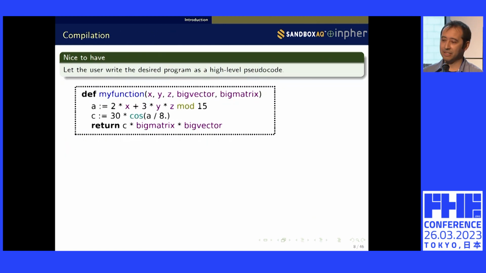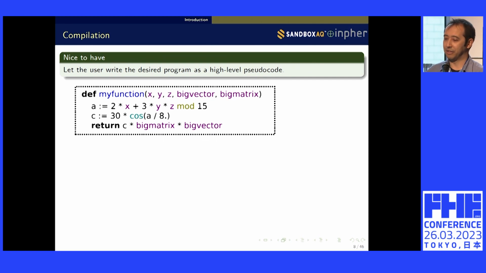So now let's take the high-end user perspective. We are researchers in FHE, so usually when we try to do some FHE, we are just going to take all the primitives and assemble them ourselves to make our own circuits. But in practice, a high-end user will prefer to have a high-level pseudocode language that looks like that, where they will be able to write their own function, and inside the function, we can have a lot of operations.